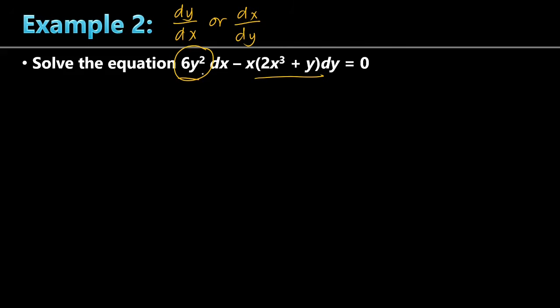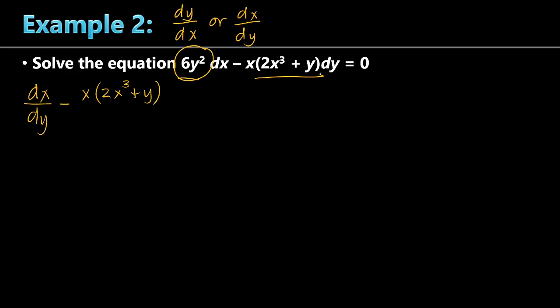Kaya ito yung gagawin nating pang-divide para makakuha ka ng derivative. So, if that is the case, then ang makukuha nating derivative is dx over dy. Therefore, we need to divide this entire equation by 6y squared dy. At pag ginawa natin yon, ang makukuha natin is dx over dy minus x times 2x cubed plus y.